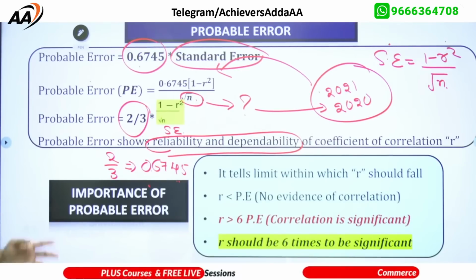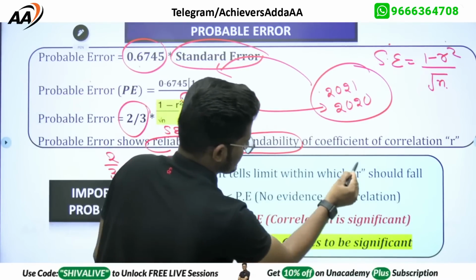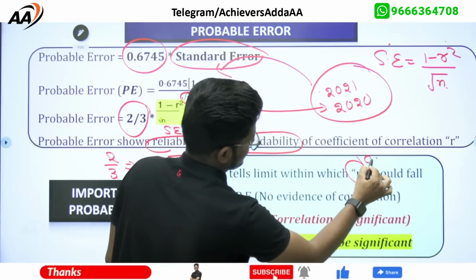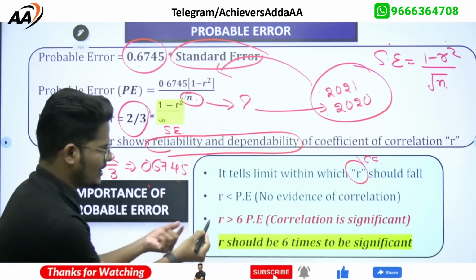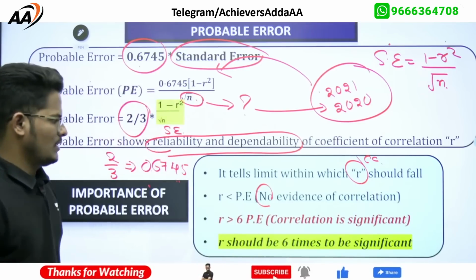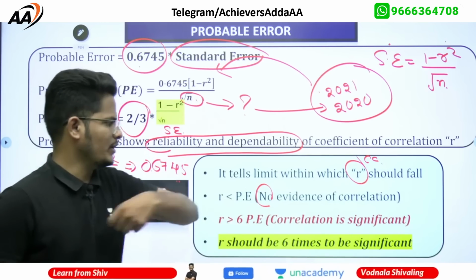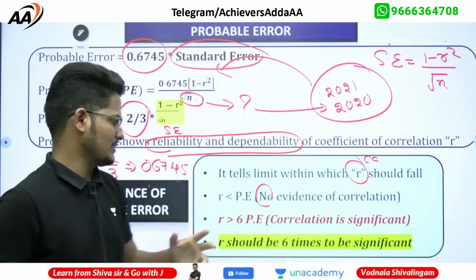The importance of probable error is that it tells a limit within which r, the correlation coefficient, should fall. If r is less than the probable error, there is no evidence of correlation; there is no correlation actually.